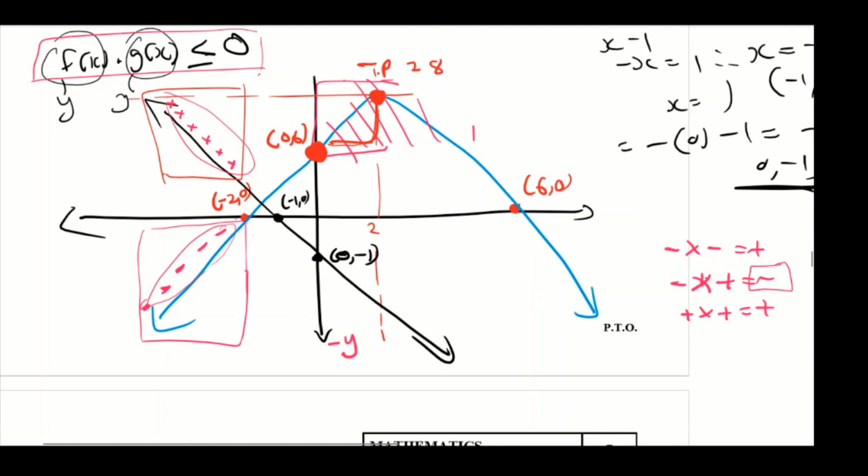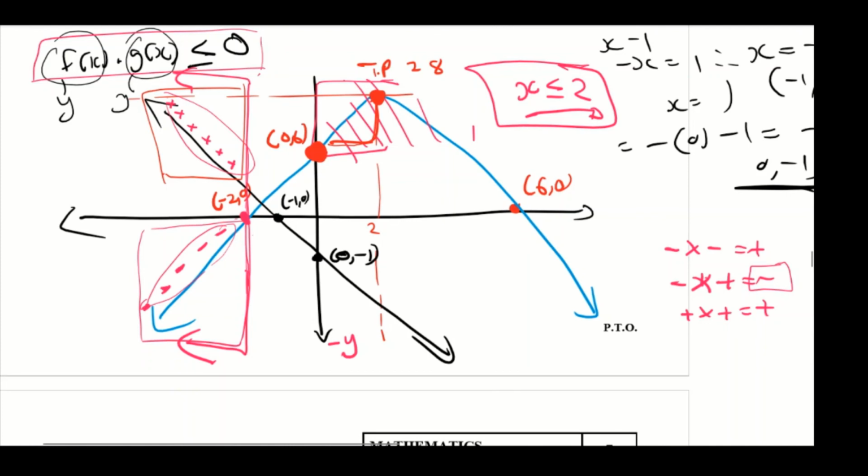So where does that happen? It happens at this point when x is minus 2. That's why I'm including everything that is facing that direction. I know it's a bit messy now. So you can simply say when x is less than or equal to minus 2, that's where the y of f and the y of g multiply together and give you a solution that is less than or equal to 0. So this is the first solution of x that is needed.